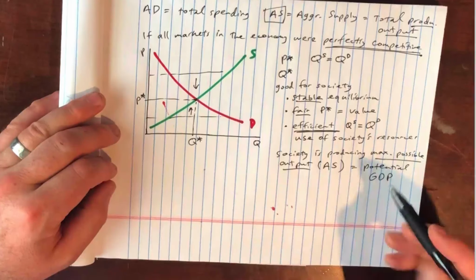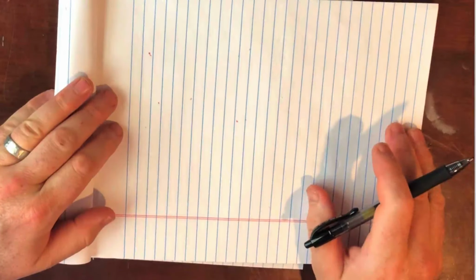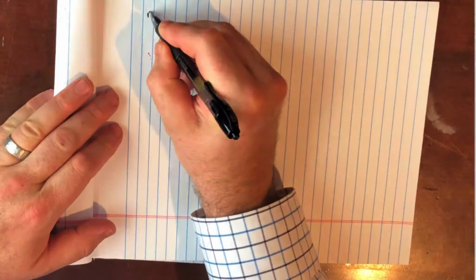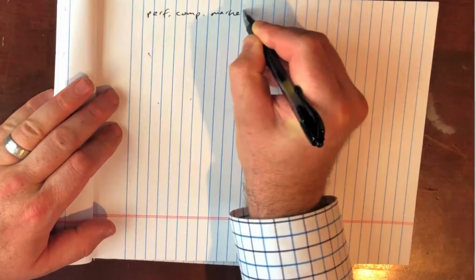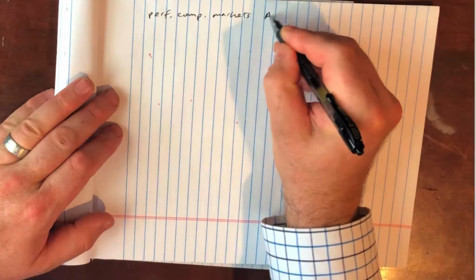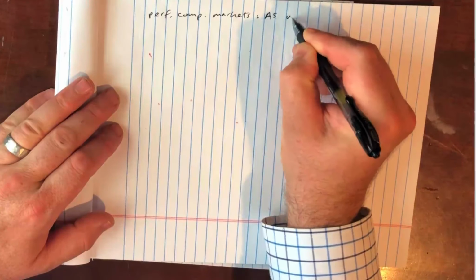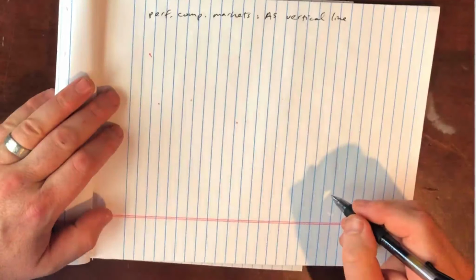So based on this argument, we have perfectly competitive markets, then aggregate supply is going to appear as a vertical line centered on the potential GDP.